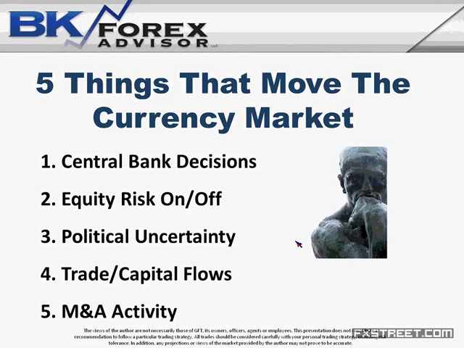Another key thing that we look at is trade and capital flows. Trade and capital flows is basically how big a current account, how big a capital account does the country run. So a country like Japan, and people ask me, why is the Japanese yen so strong? Well, the Japanese yen is so strong because the Japanese constantly run a trade balance surplus.